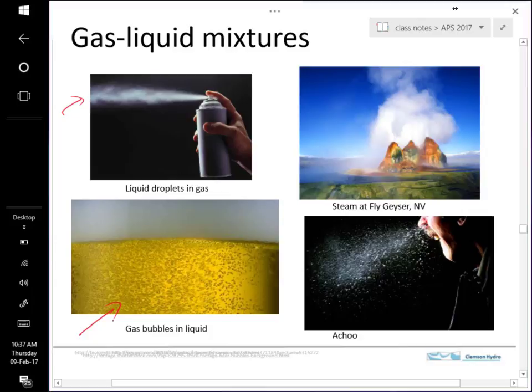I mean, you probably recognize that. And then we can change the ratio of gas to liquid, and here's a natural example of some liquid particles in a gas, and here's some liquid particles in a gas as well. Kind of nasty, but I thought it was really a great shot, and it illustrates the point here.